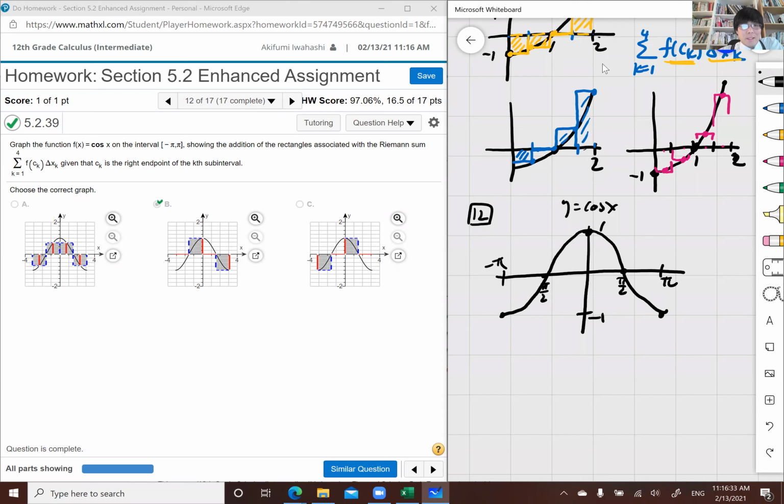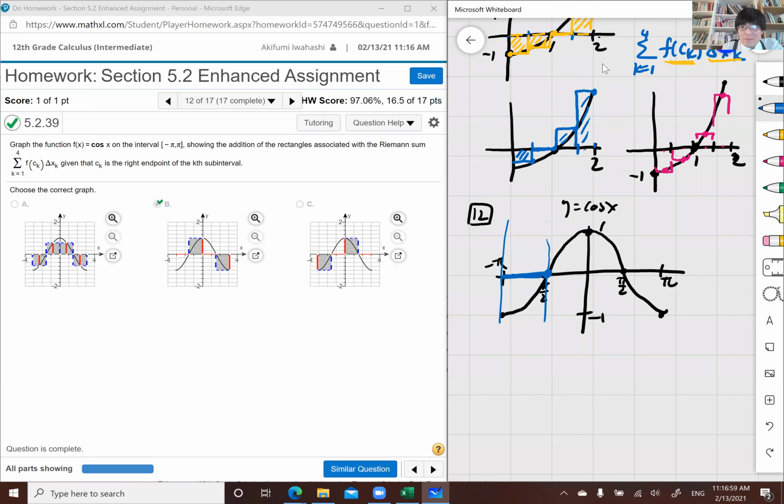Now, I have to add the rectangles associated with a Riemann sum of 4 intervals where CK is the right endpoint. So I have to use the right endpoint. For the first interval, I have to use this one, so there's no height.